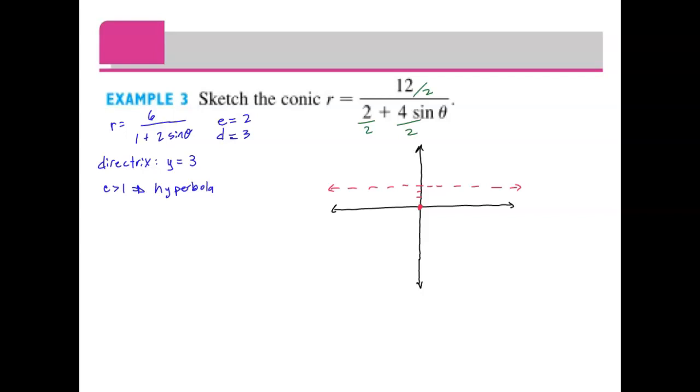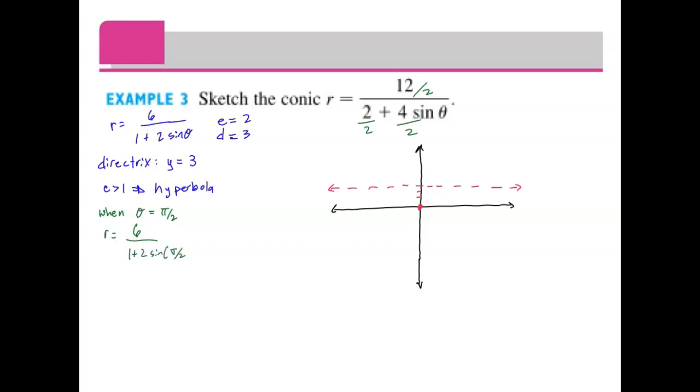All right, let's look at when theta equals pi over 2. I'm going to have r equals 6 over 1 plus 2 sine of pi over 2.